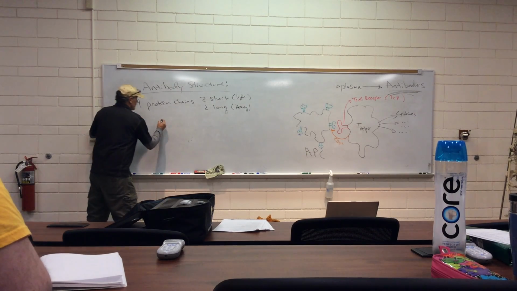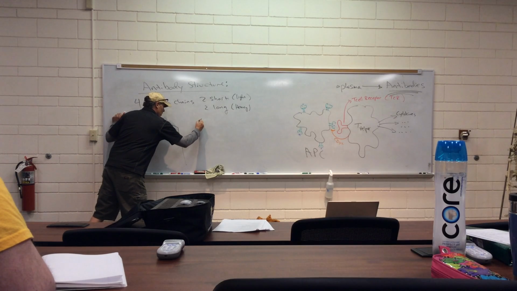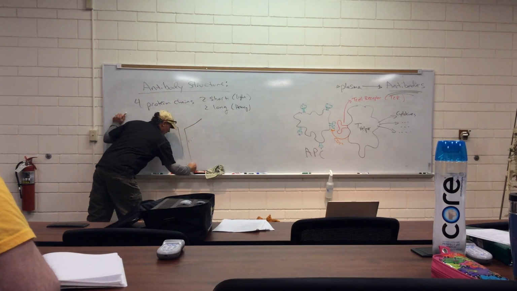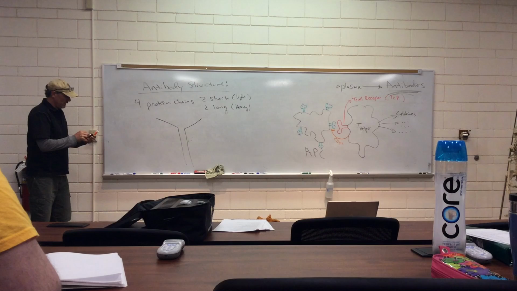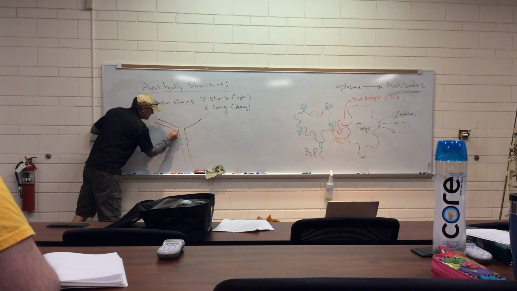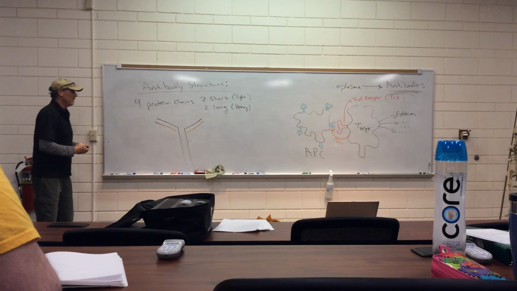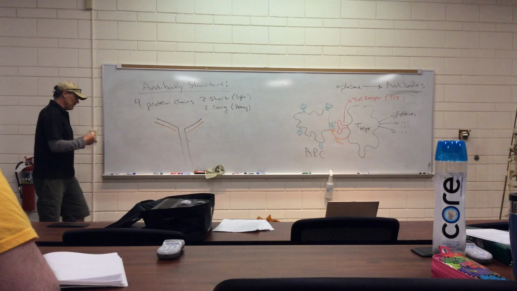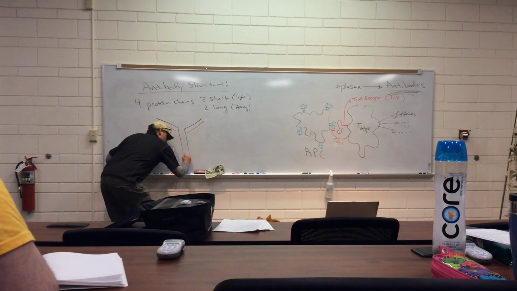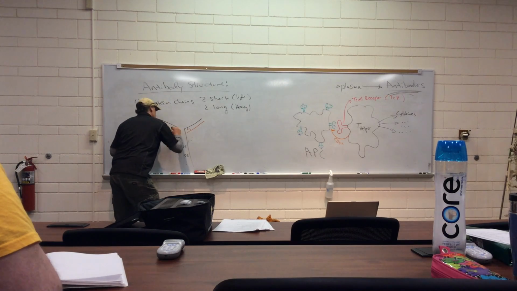And they kind of form this Y. So our heavy chains are these long protein chains as such. Our 2 short chains are connected to the outside and underneath that arm. And then all of these 4 are held together by disulfide bonds to keep its integrity.